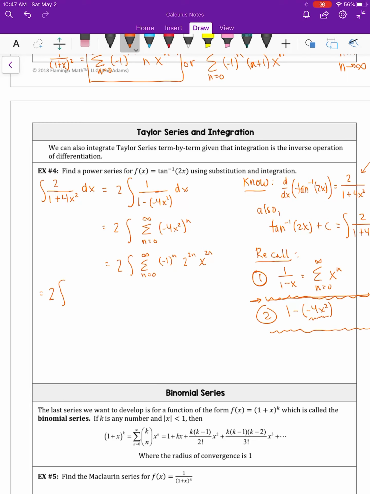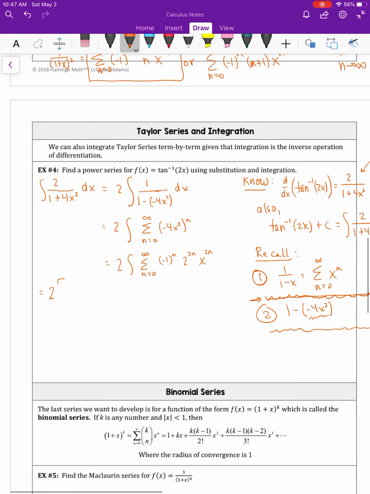So let's go ahead and try and combine those at some point after we integrate, probably. All right, so now 2 times the integration. I'm going to go ahead and integrate. Sorry, I just drew my integration sign. Okay, 2 times. So we don't have to worry about anything like negative 1 to the n or 2 to the 2n.